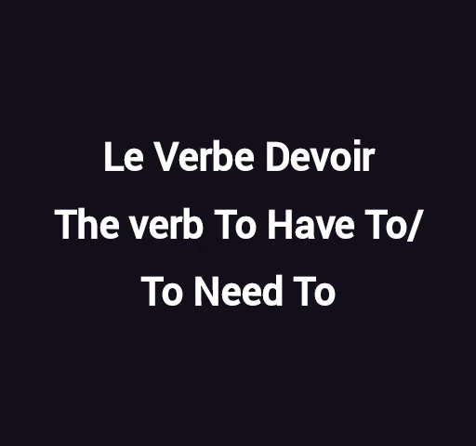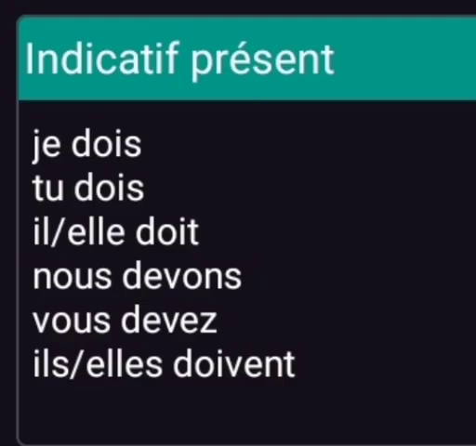Okay, in the present tense, je dois, I have to. Tu dois, you have to. Il doit, he has to. Elle doit, she has to, or she needs to. Nous devons, we have to. Vous devez, you have to.